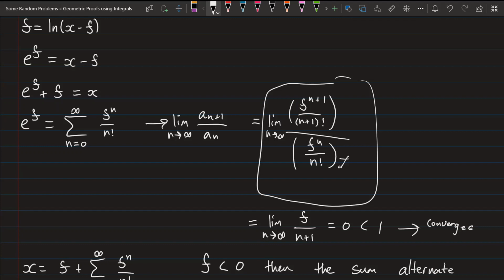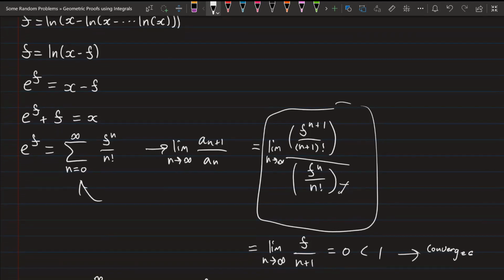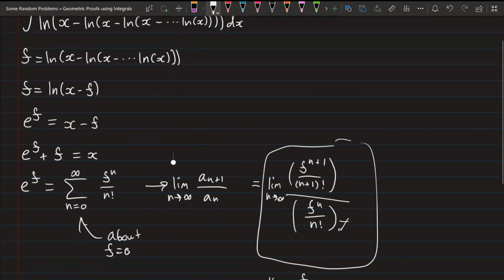We must also consider that this is about f is equal to 0, and we're assuming that f is equal to 0 is defined on our function. So f is equal to 0 is defined.